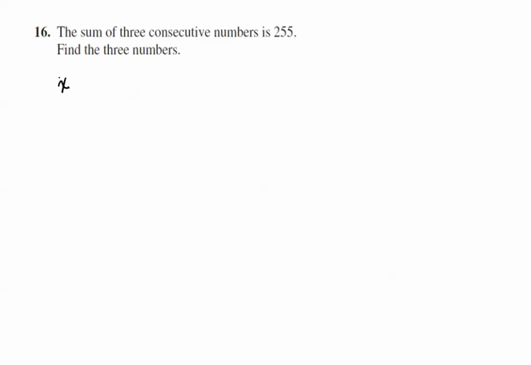We don't know what that is, so we call it x. But if x is 20, then the next number would be 21. It's just one more than what x is. So we have the first number, then plus one more than the first number, then plus two more than the first number. And that gives us the three numbers which added together are equal to 255.